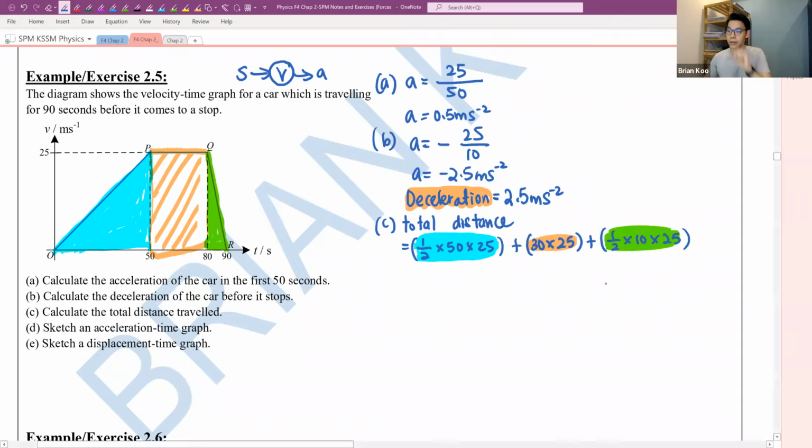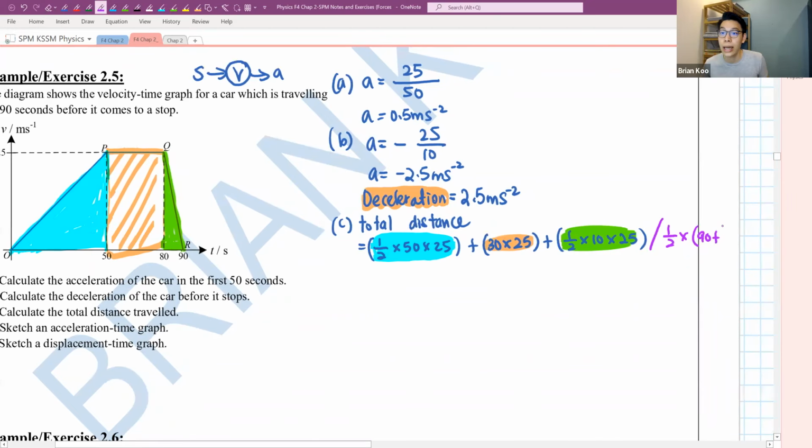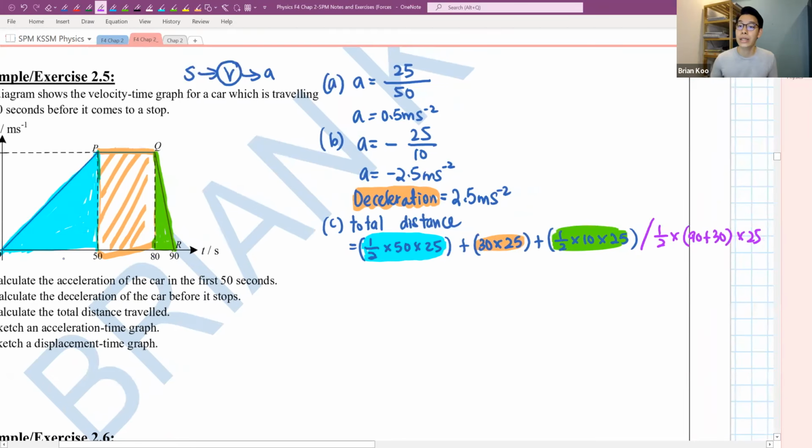Again, like I said, you could treat it as a big trapezium, then the working will look like this: half times 90 and 30 times 25. Because here is 90, here is 30, here is 25.